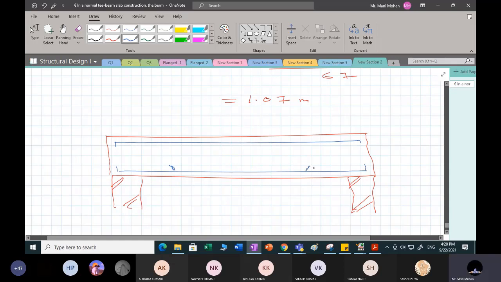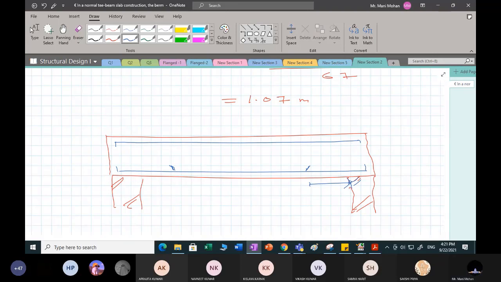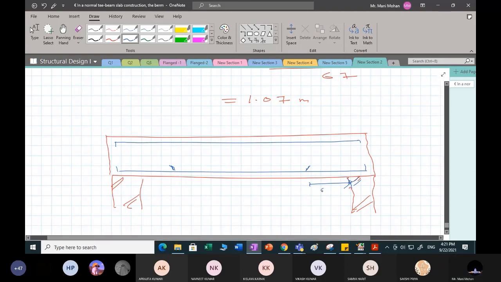So from this curtailment distance, I can do this also: 1.1 minus 0.3 by 2. So 1.1 minus 0.3 by 2 will be how much? It will be 0.95 meter, that is 950 millimeter. So from the face of the support, 0.95 meter, you will curtail these bars.